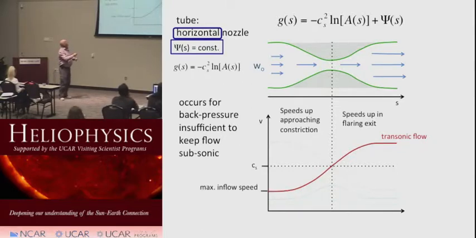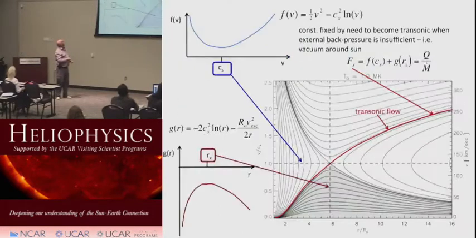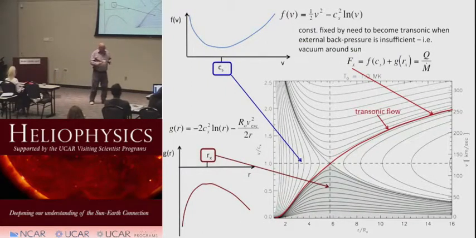So all of the properties of the flow are determined by that throat. So this curve here is what happens if you have a corona that has high enough pressure, as we saw, that it's basically venting into vacuum.